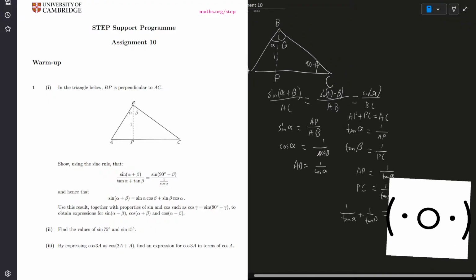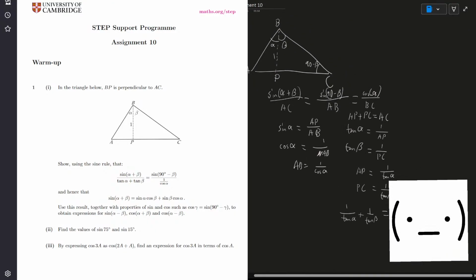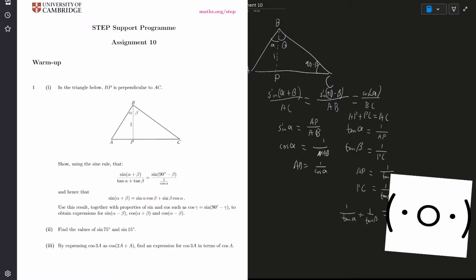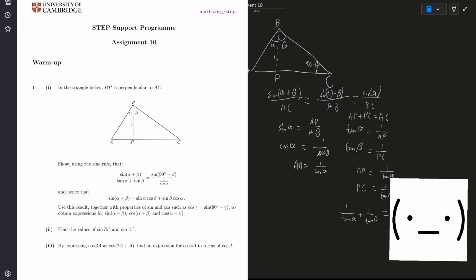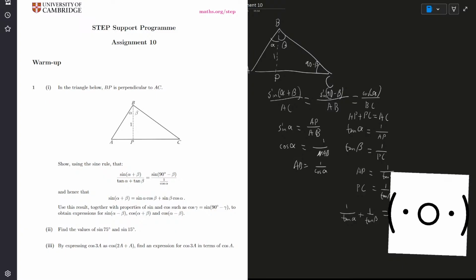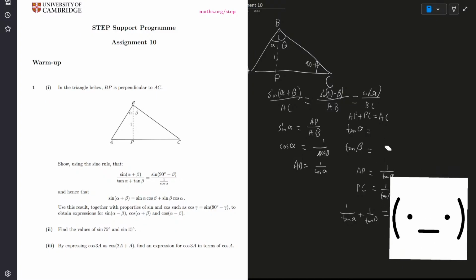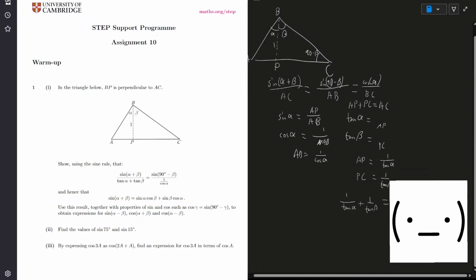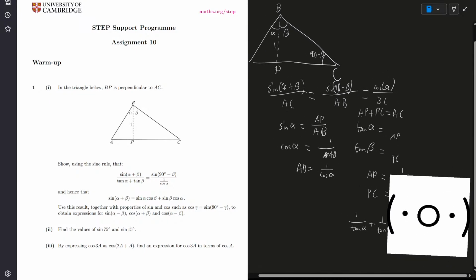This does us no good, because it doesn't look like your answer, even if it might be. Make sure we haven't made any mistakes. Oh wait, I see what I've done. This is wrong, or some of it is wrong at least. This isn't divided by anything because the opposite is on top. My bad.